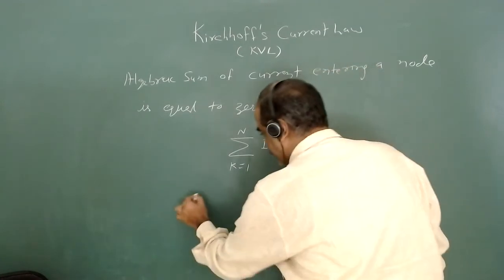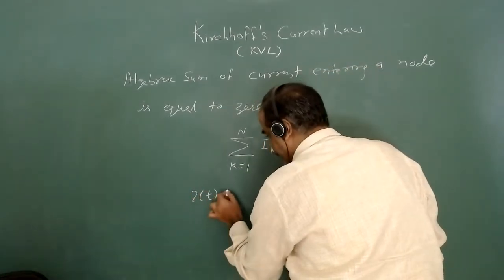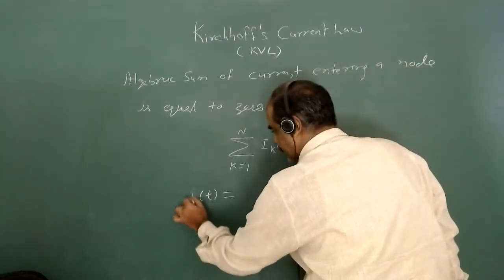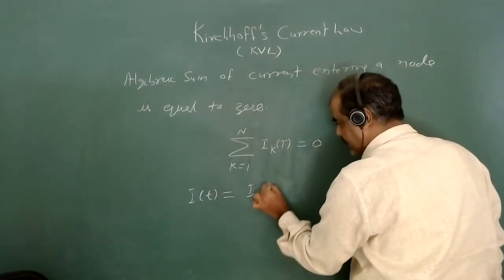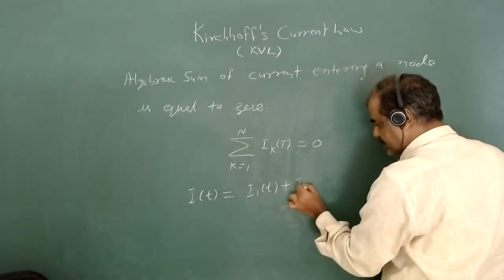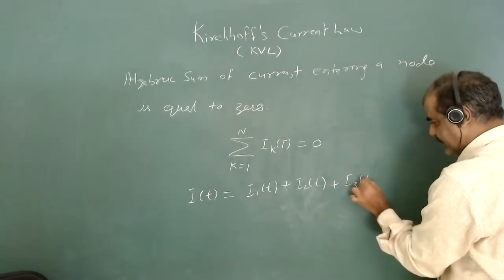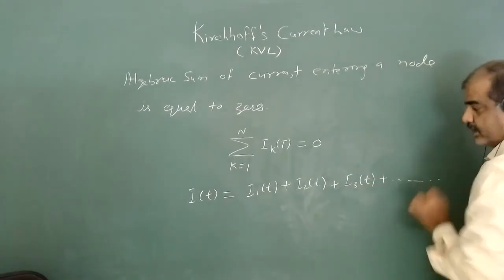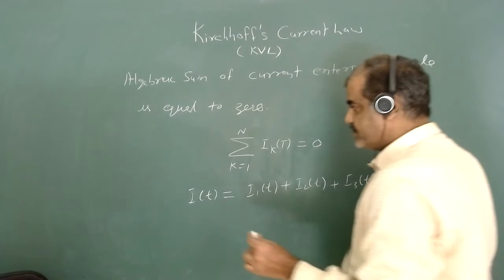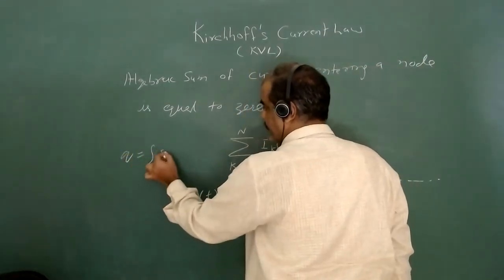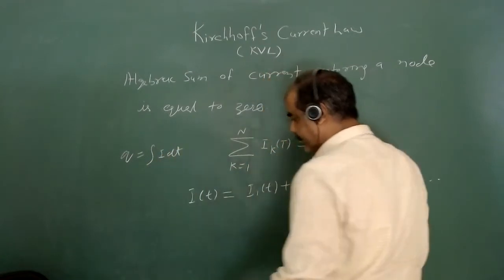So for example, in a node n currents are entering, say I1(t) plus I2(t) plus I3(t) and so on. Now we know the relation between charge and current. Charge is given by the integration of current, i dt.